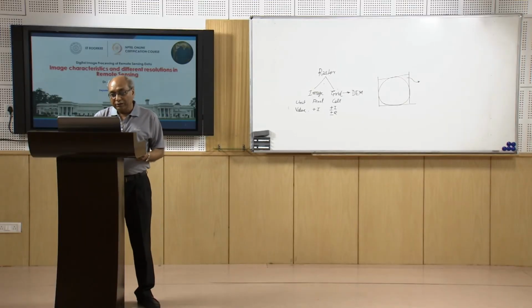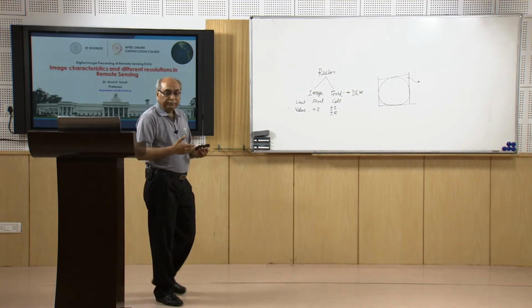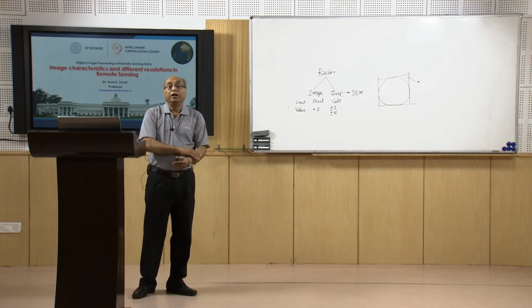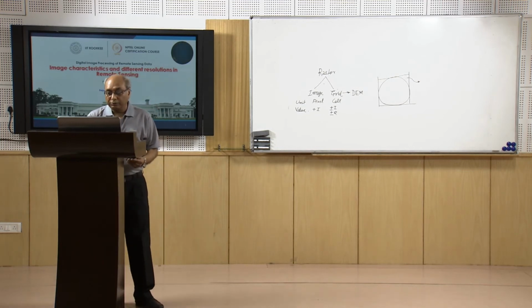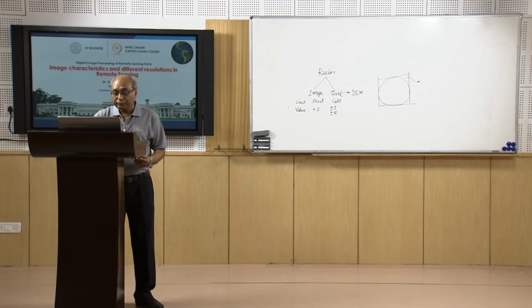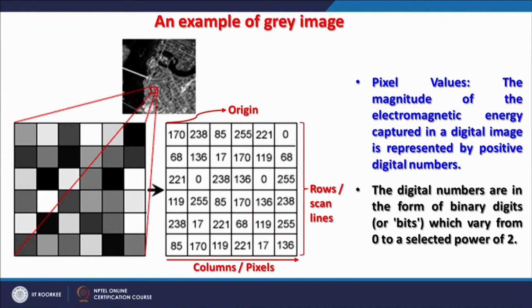Through the concept of LUT, lookup table, these values are converted to shades of gray or colors. The concept of LUT we will discuss a little later. And these digital numbers, or pixel values, or shades or colors, will come according to the radiometric resolution of an image.